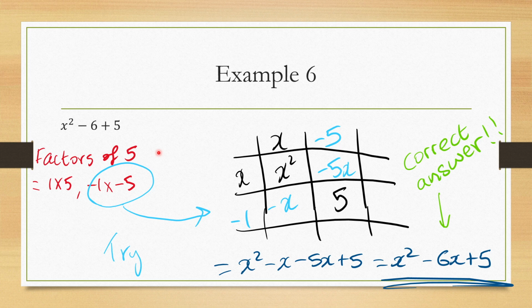It's sometimes a little longer, but it's so much easier than using the other method, where most of the time people get it wrong because they try to do everything in their head. So they always mess up with the plus sign and the minus sign. So using the box method is always the best idea.